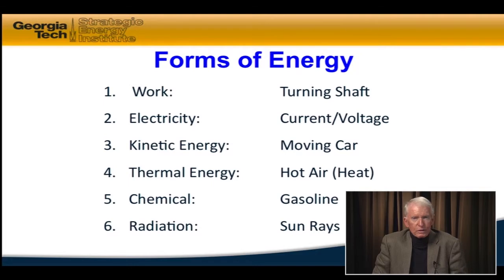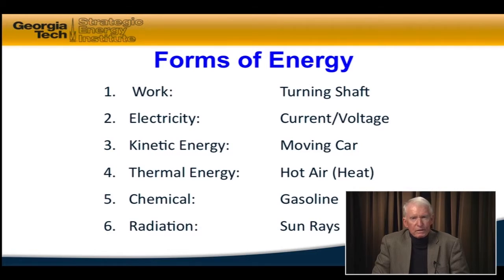Chemical energy is in the chemical makeup, with our electrons bonded to the other molecules and the nucleus of our atoms and molecules. And we can carry out a chemical reaction and release that chemical energy, or we can create more chemical energy by putting energy into it and driving the chemical reaction to increase the chemical energy.